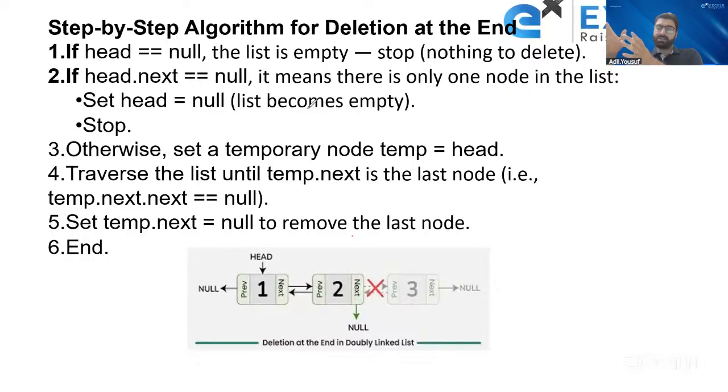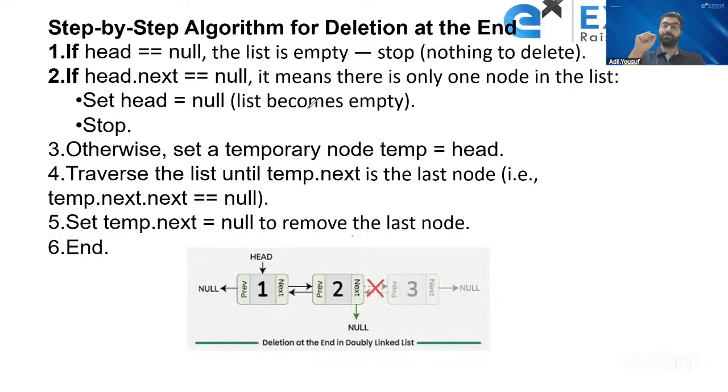Temp dot next means the last node. When temp dot next is equal to null, what does this mean? This simply means we are reaching the ninth node. Ninth dot next is equal to null means this is the last node, right? Ninth dot next is 10, 10 dot next is null. So the 10th coach is the last node.